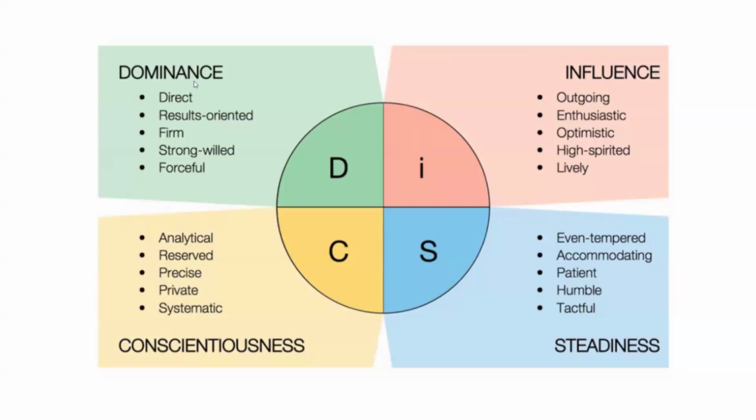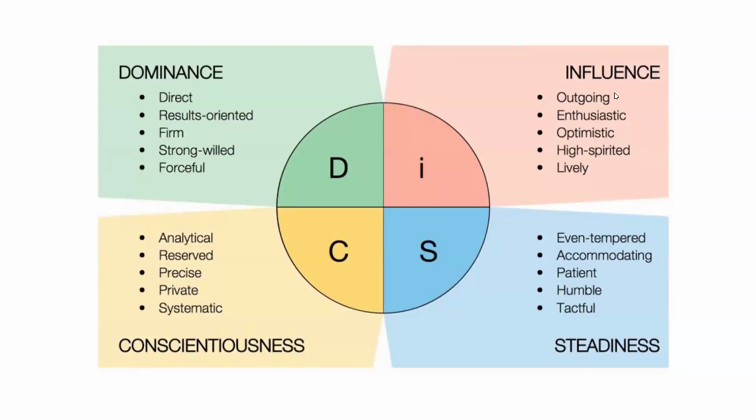Scholars describe personality by dominant characteristics. If a person is dominant, they are direct, result-oriented, firm, strong-willed, focused. Conscientiousness, if the people are analytical, reserved, precise, private, systematic.